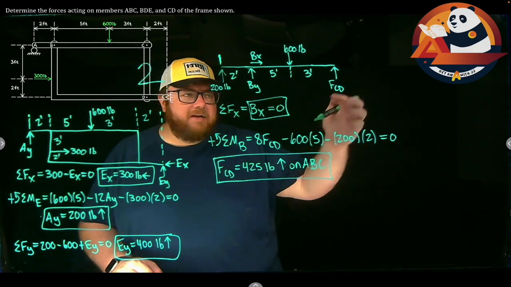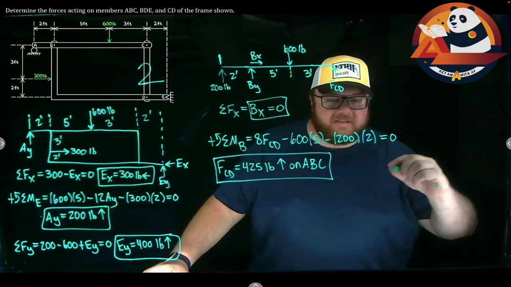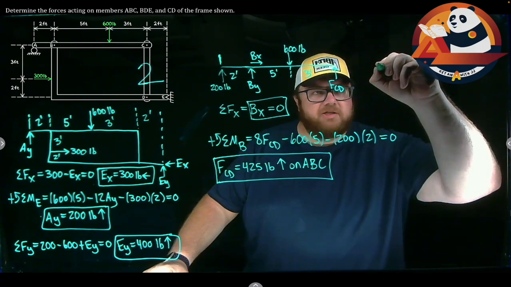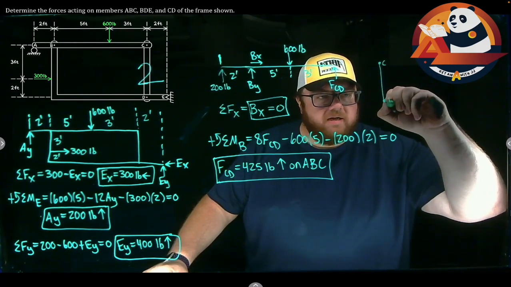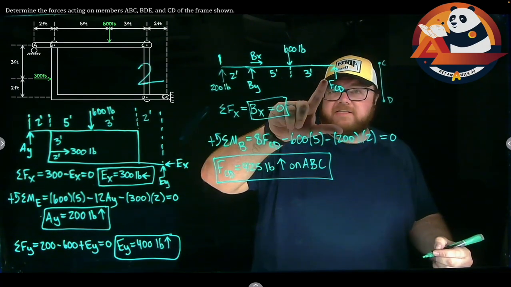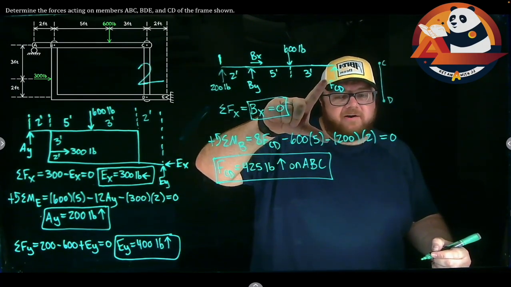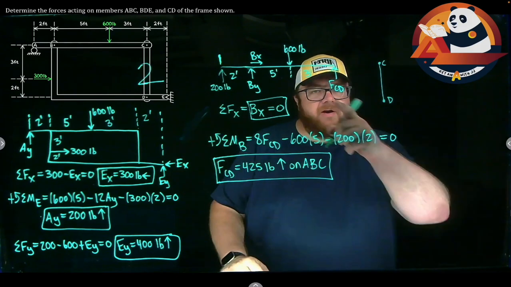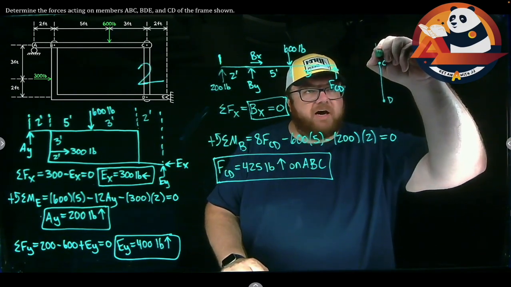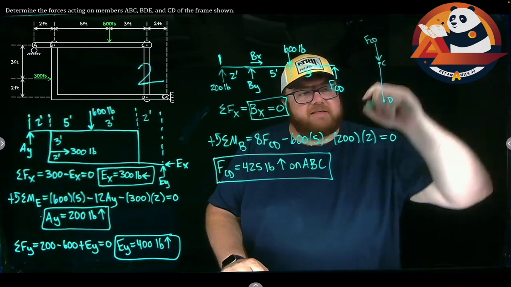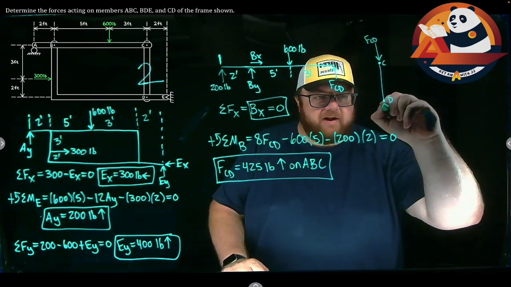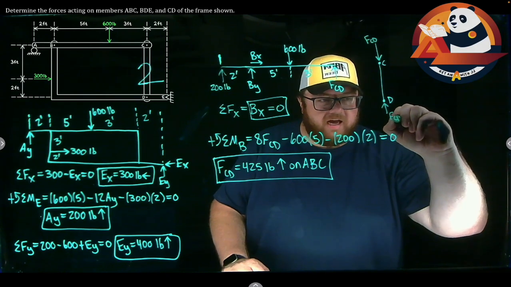Let's actually draw a really quick free body diagram of CD to talk through that more. So if I drew, this is CD, C, and D. If I had FCD went up right here, that's what we just found, at point C, then when I move to the new member, it's going to go in the opposite direction. It would have to be coming straight down for FCD, which means down at D, I would have to show it going straight up, FCD.